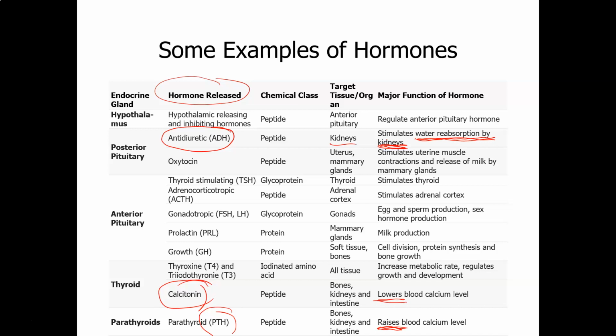You'll retain more water than you get rid of. So ADH, antidiuretic hormone, stimulates you to retain water. And another name for that ADH is vasopressin. And that is released by the hypothalamus, which is located in your brain.